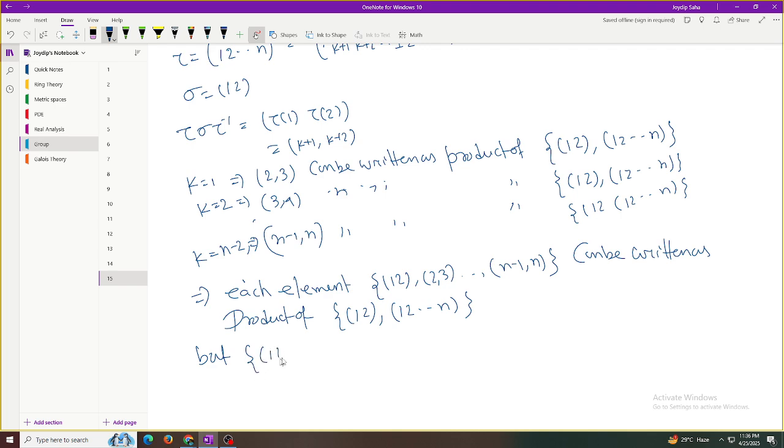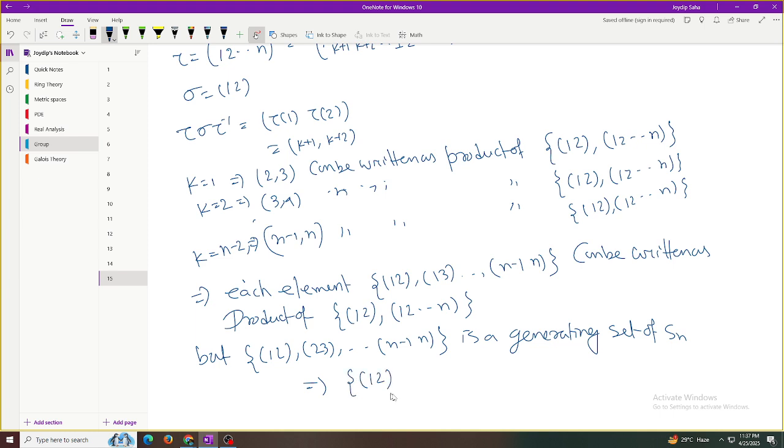We have proved (1 2), (2 3), ..., (n minus 1 n) is a generator set of Sn. There is no comma between transpositions. If I put some comma here, it is wrong. Okay.